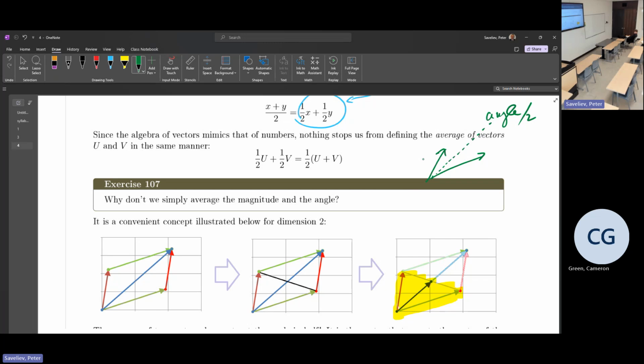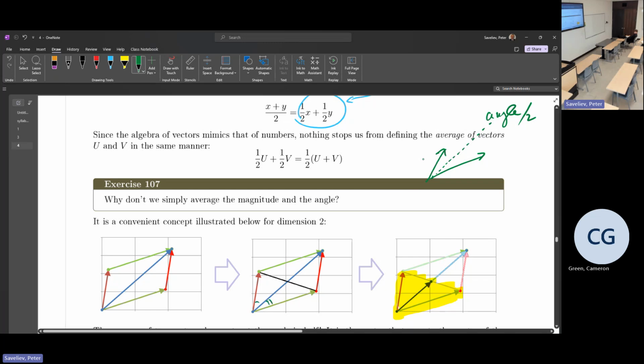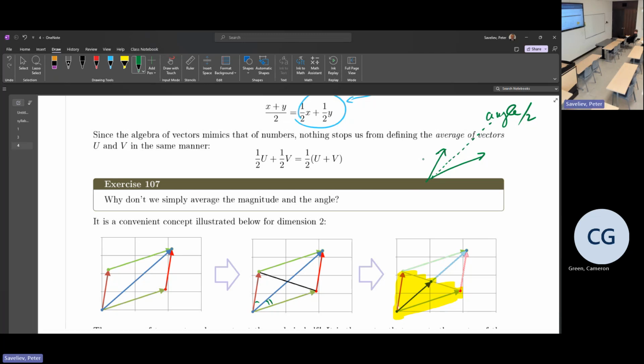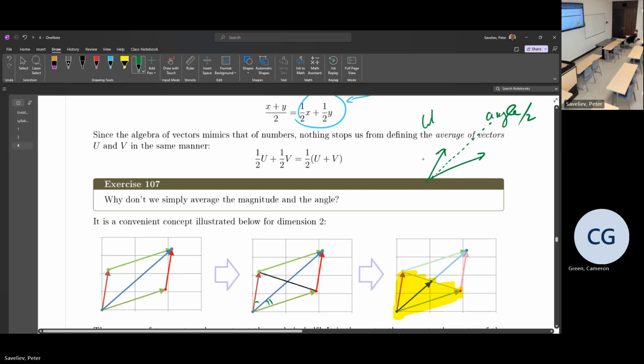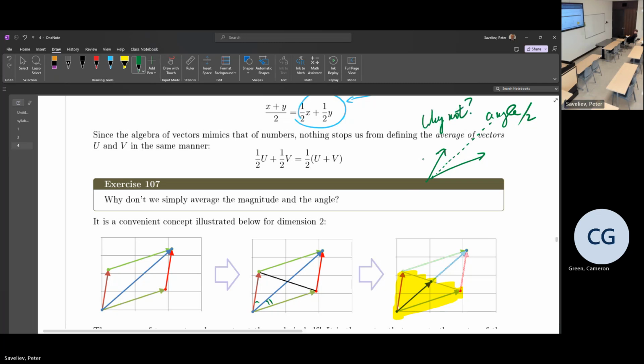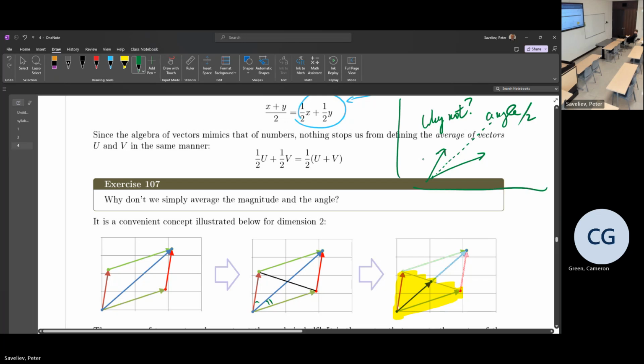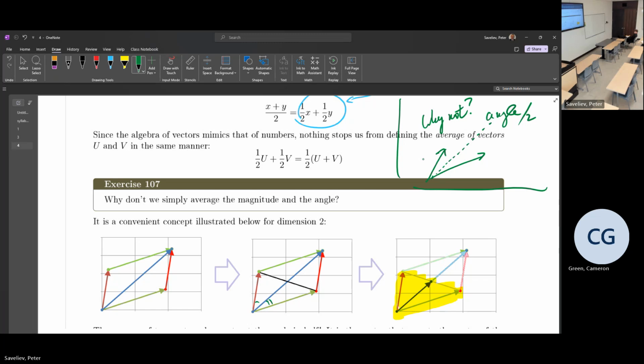Why is it not halfway? You can see the angles do not match here. They have two different angles, even though it would make sense. You are talking about the average, so the average of vectors is about direction, so why is the direction not halfway between them? Why not this? It would make sense, wouldn't it?